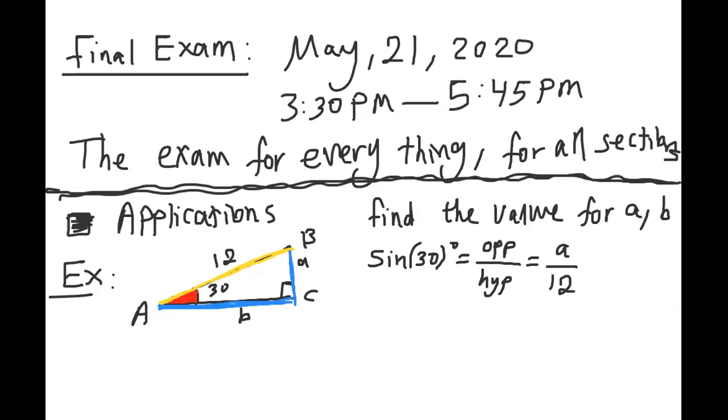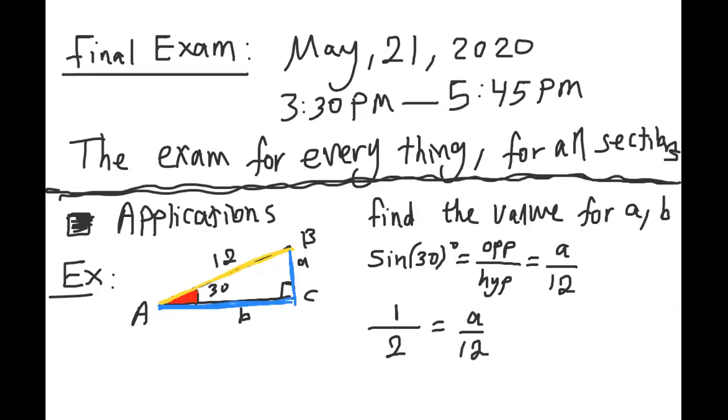I know the value for the sine of theta from the table. Go back to the table. What is sine of theta? It is half, yes. This is equal to A over 12.